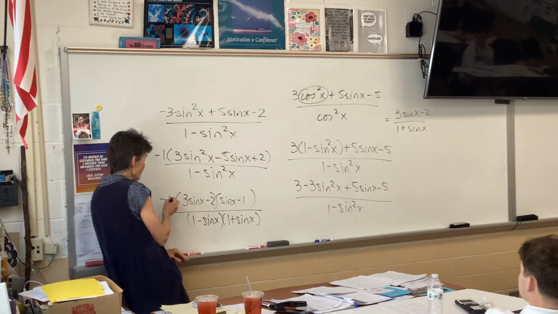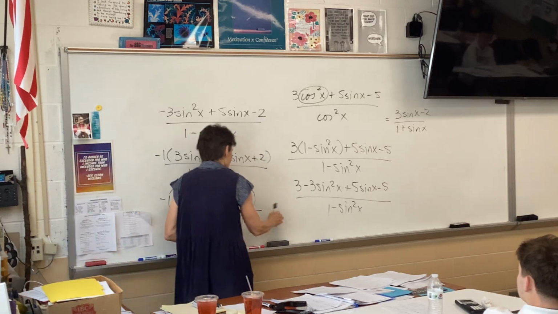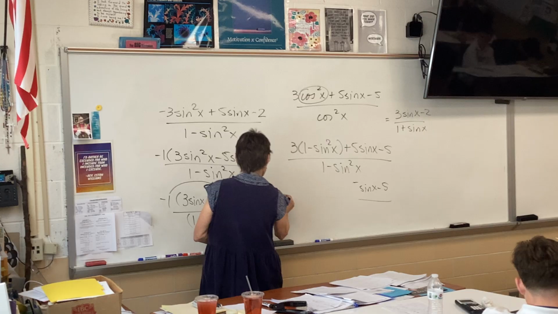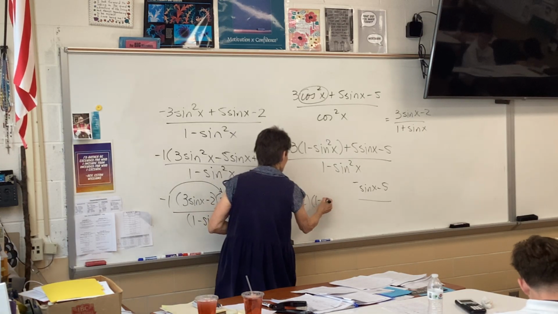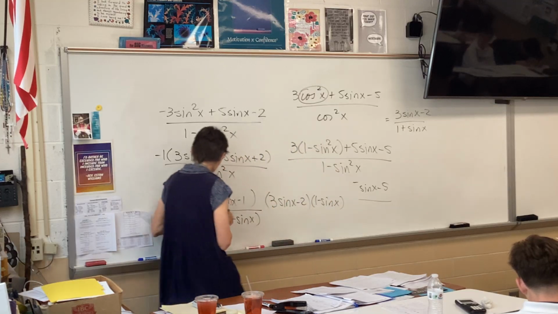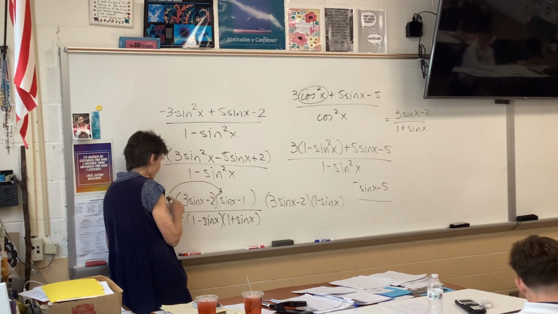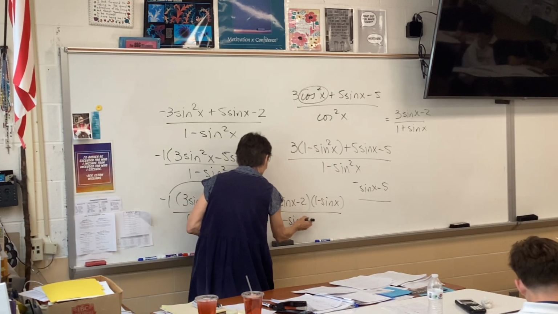But if I put this negative back into this parentheses, so I have my 3 sine minus 2, and then I would have 1 minus sine. If I multiply this second parentheses by a negative, put that negative back in, then I can cancel.